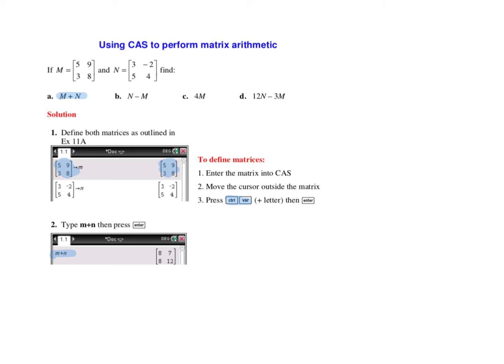In your chapter work, it is probably easier to store them because they use them for a whole heap of questions, so that'll make your life easier. In an exam, not so much, because I think if you just keep going up, highlighting it and dropping it down, it's better because you can literally see the numbers, and if you've made an error, you'll be able to fix it up easier.